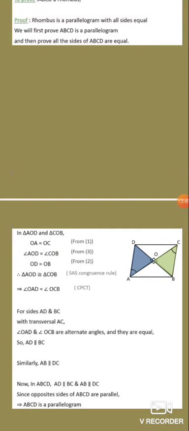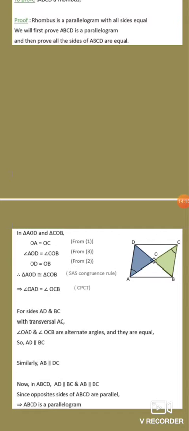Now we prove that. Okay, so listen carefully. Using all these 3 conditions, we can write triangle AOD congruent to triangle COB using SAS congruence rule, which implies what? Angle OAD equal to angle OCB using CPCT.